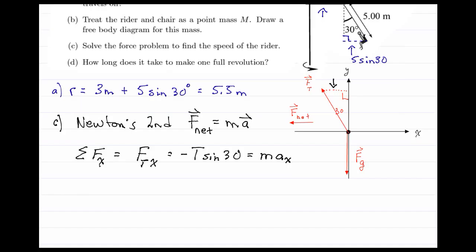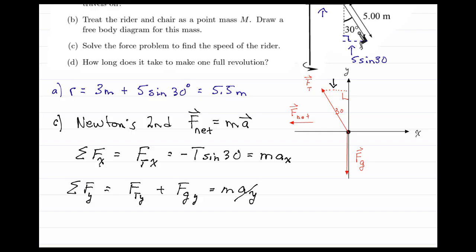Okay, let's leave that for now, and let's turn to the components of the forces in the y direction. In the y direction, we have two components. There's the component of the tension force in the y direction, that's this side of the right angle triangle, and there's the force of gravity. So writing this out in component form, we have F_ty plus F_gy, and that's equal to mass times a_y.